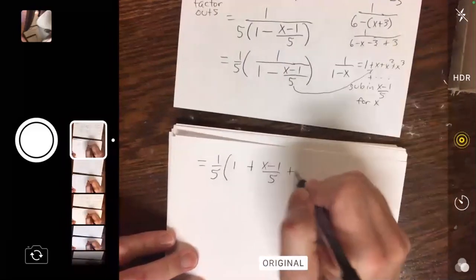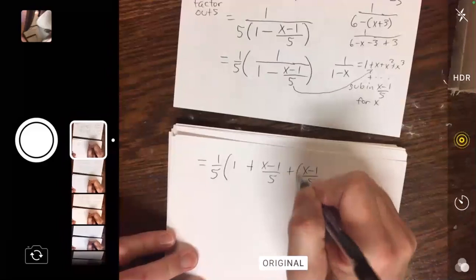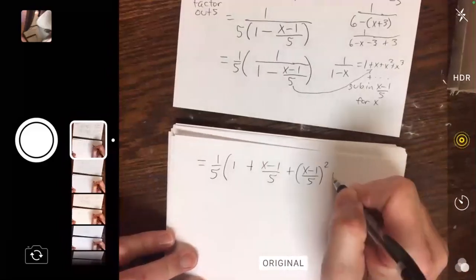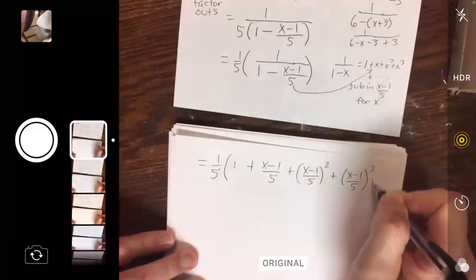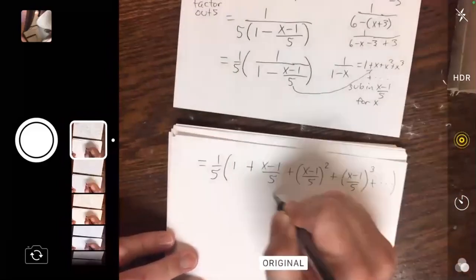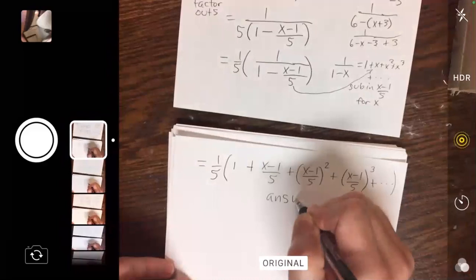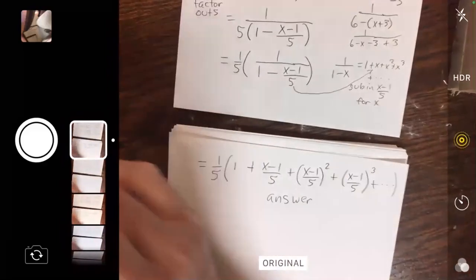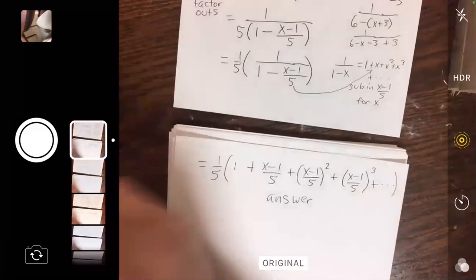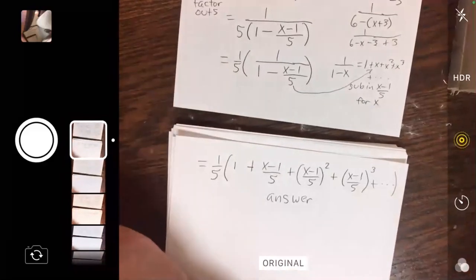For the x squared, x minus 1 divided by 5, quantity squared. x minus 1 divided by 5, quantity cubed, and so on. And that's my answer, the expanded answer. Do you want me to write down the compressed book answer and expand it out and show you get the same thing? Sure, that would be helpful.